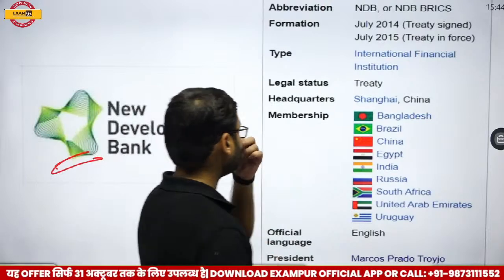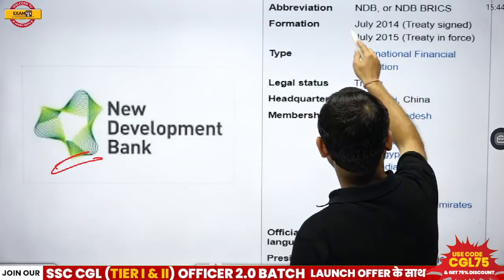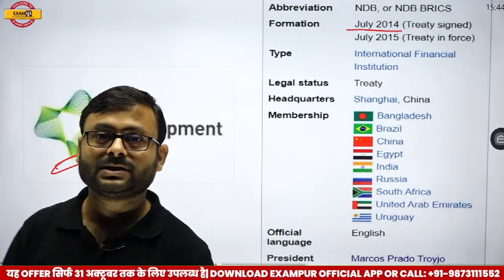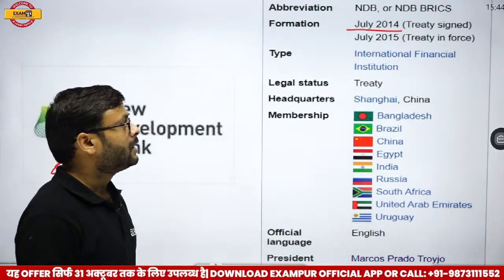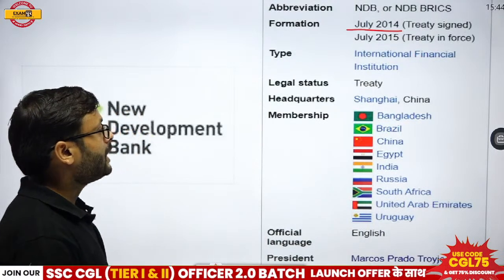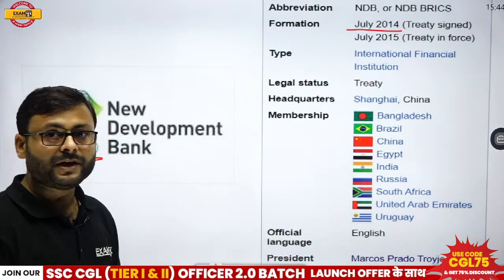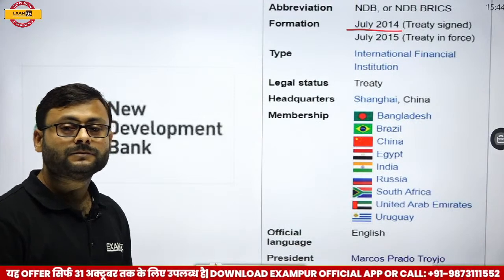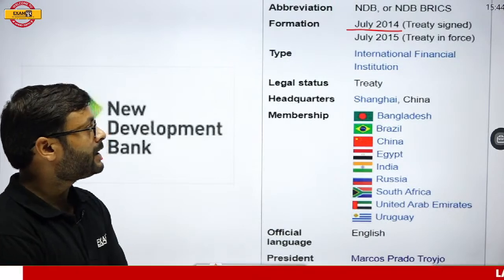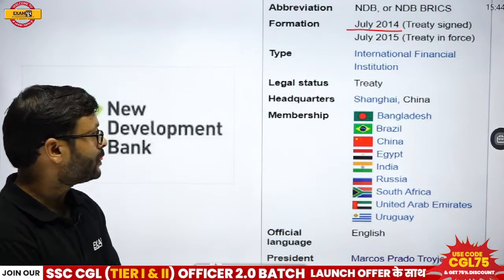The treaty for the formation of the BRICS Bank, the New Development Bank, was signed in Fortaleza, Brazil in 2015. And in 2015, in Ufa, Russia, the treaty came into force.